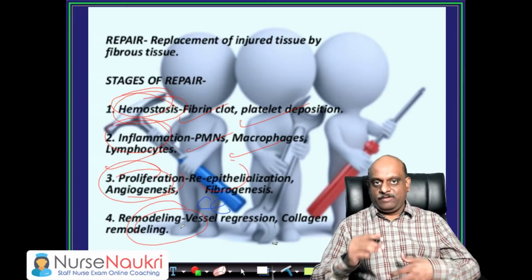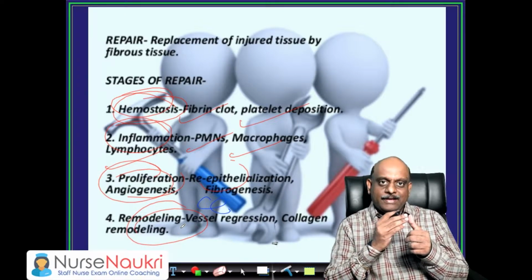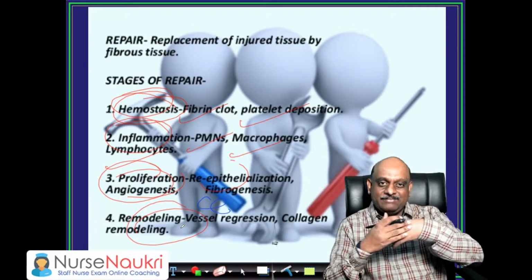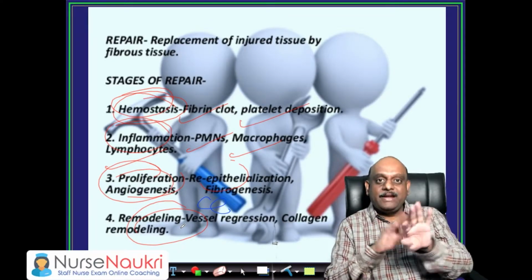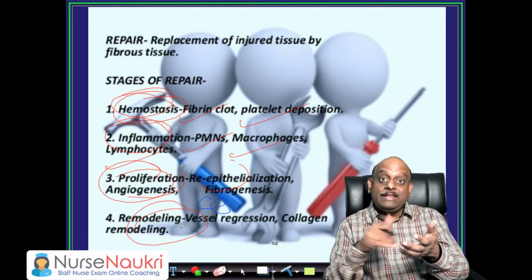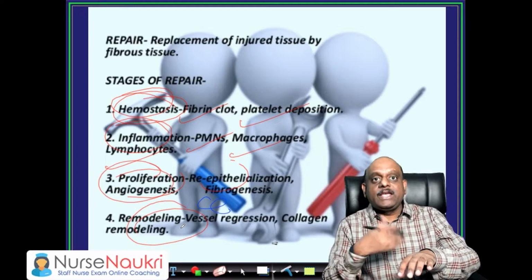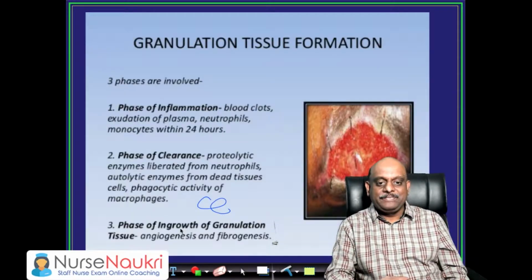Finally, remodeling. The skin on the thumb, the skin on the back of the palm, there are different kinds of skin, no? So when the wound is healing, the same type of skin should come. So remodeling happens.